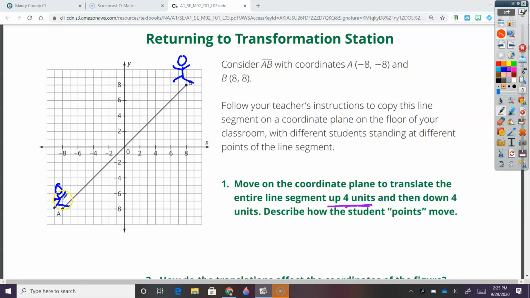Up 4 units. So we're going to go 1, 2, 3, 4. So here we can see how the line moved up 4 units. And then if we move this graph back down 4 units, we'll go back to the original graph.